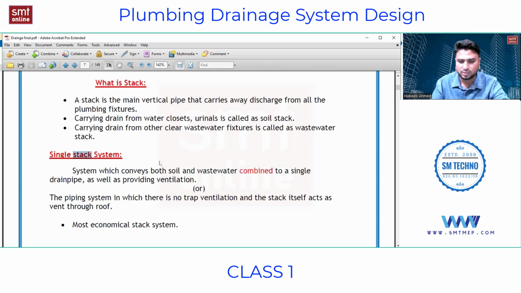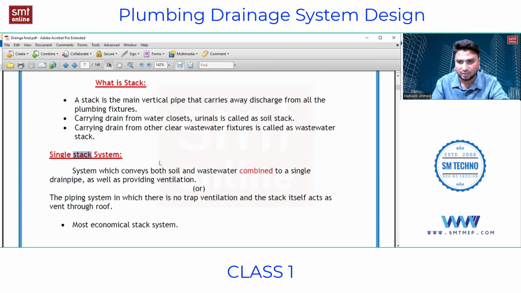In simple words, this is the most economical of all the stack systems, whether two pipe, one pipe or single stack. Single stack is where the excreta and the sewage both are collected in only one vertical pipe. That is why it is called a single stack.